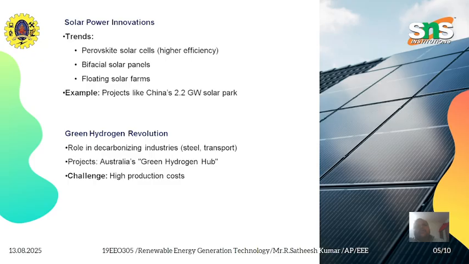Example, a 2.2 gigawatt solar park in China. Then the green hydrogen revolution, with a role in decarbonizing industries such as steel and transport. The main drawback in the green hydrogen revolution is its very high production cost.